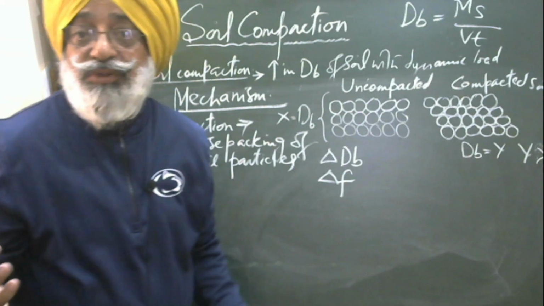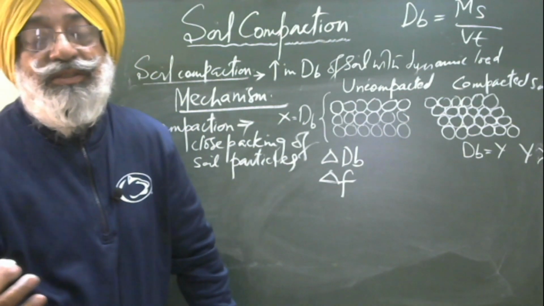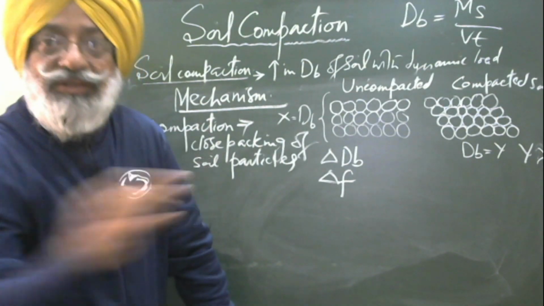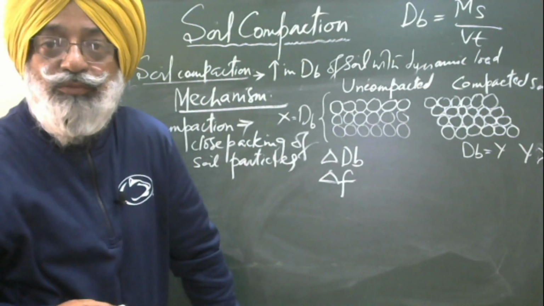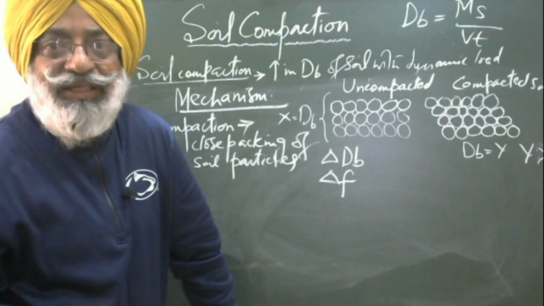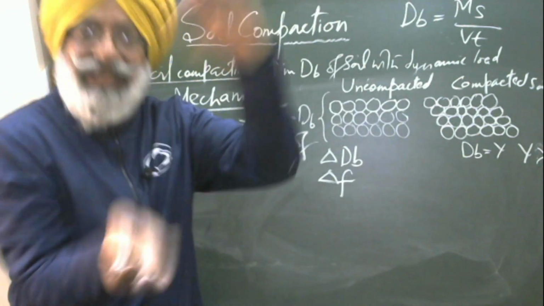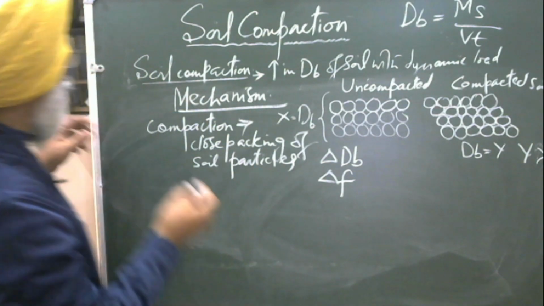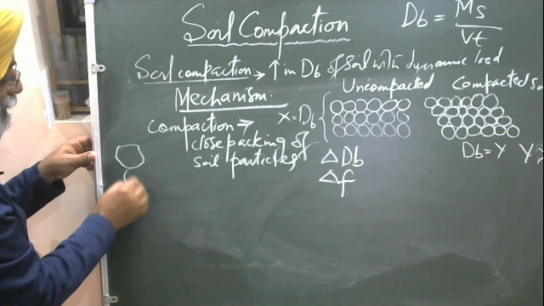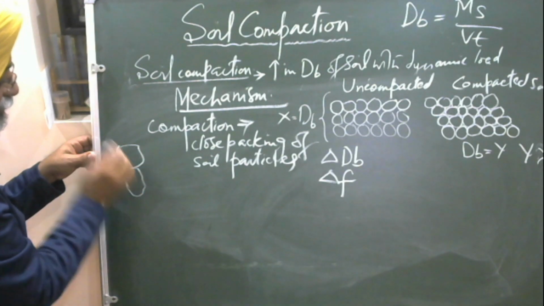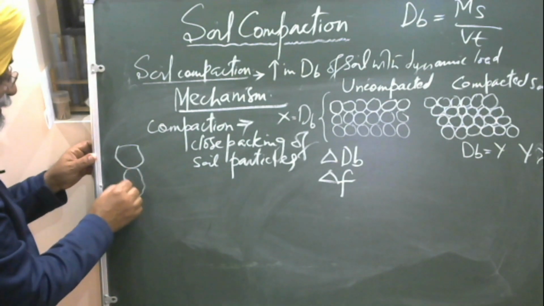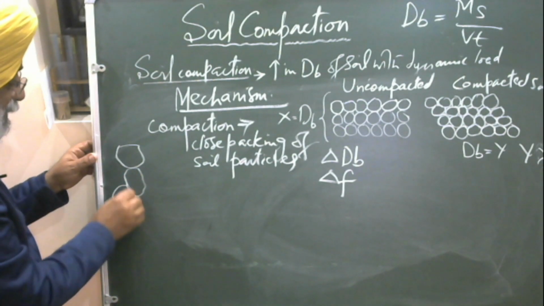If you have a very coarse textured soil, where macropores dominate, by compacting you have just converted macropores into micropores, and maybe the total porosity remains the same. Because of the rearrangement of the particles, say this is one particle, this is another particle over here, and another particle over here.